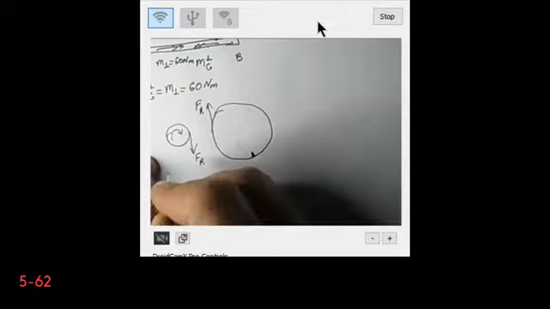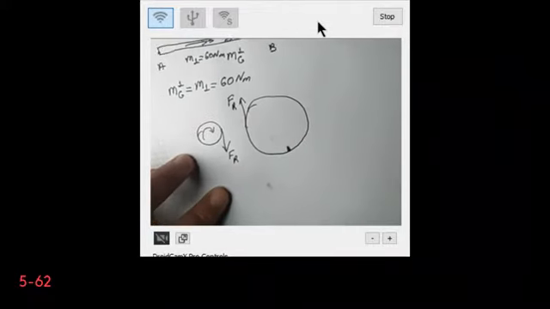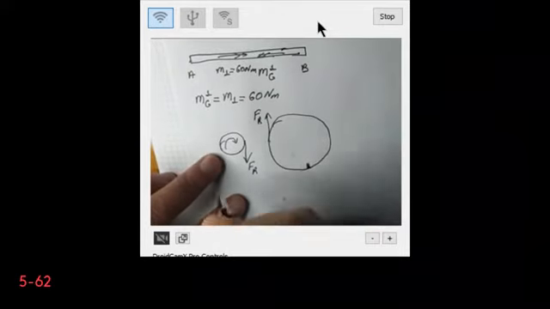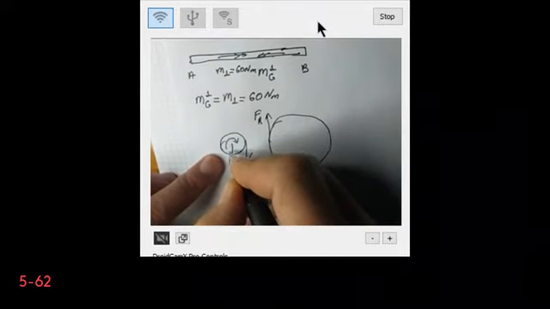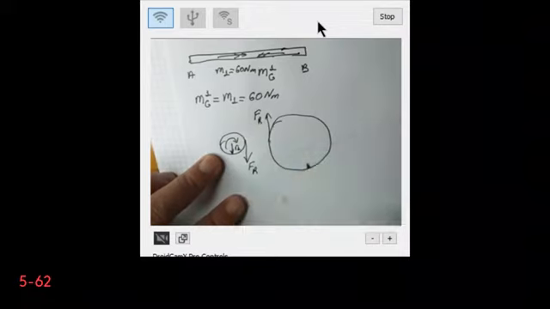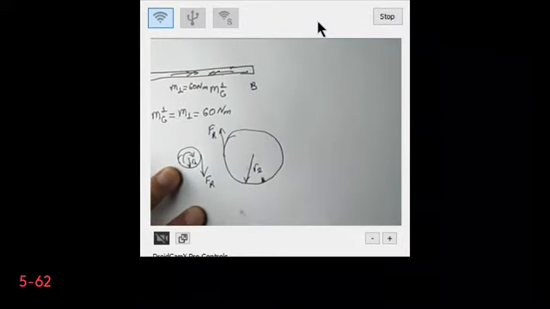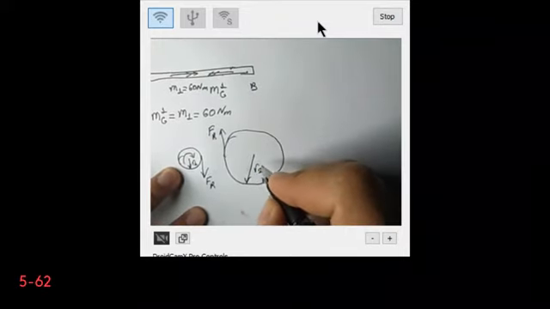Now this small gear has a radius of R1 and the big one R2.